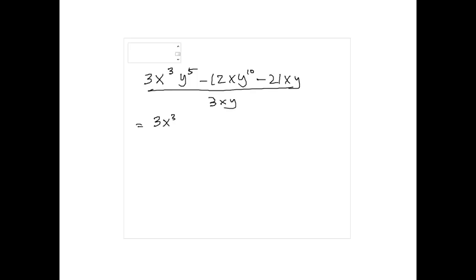Divide. 3x cubed y to the fifth minus 12x y to the 10th minus 21xy over 3xy. We divide each numerator term by 3xy.